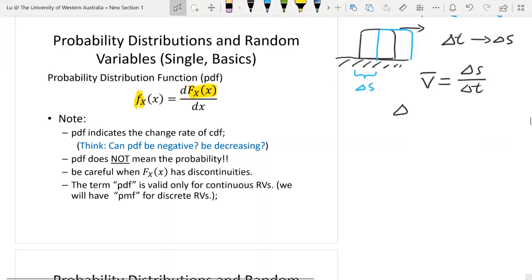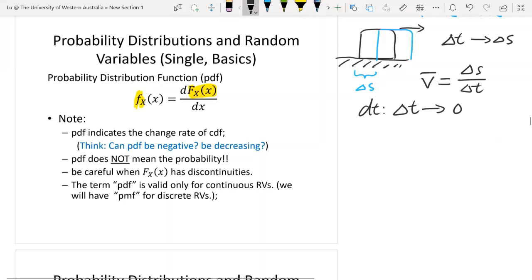If the time interval is very small, approaching 0, we can use dt to denote this small time interval. Correspondingly, the delta s will be changed to ds.